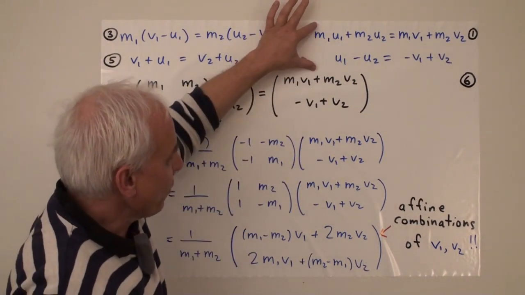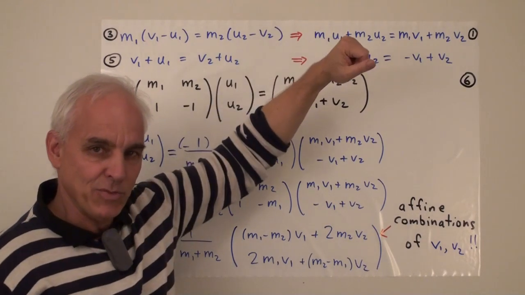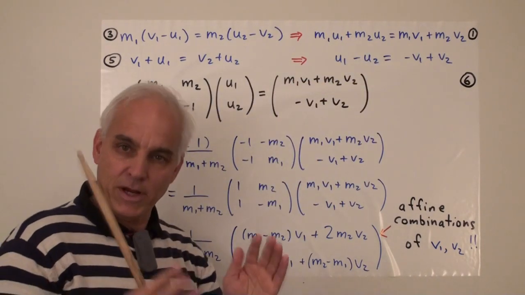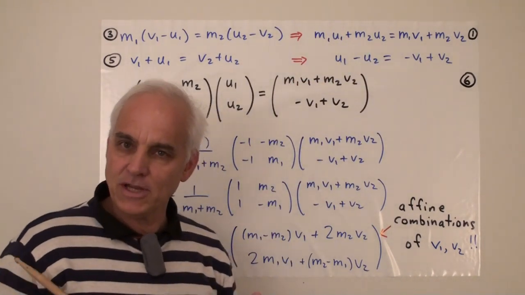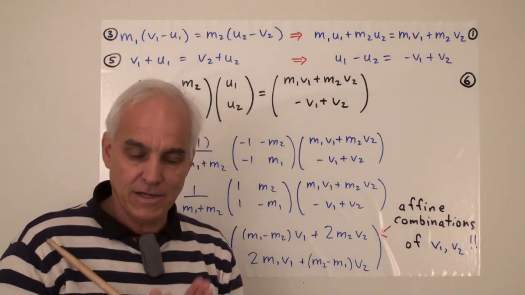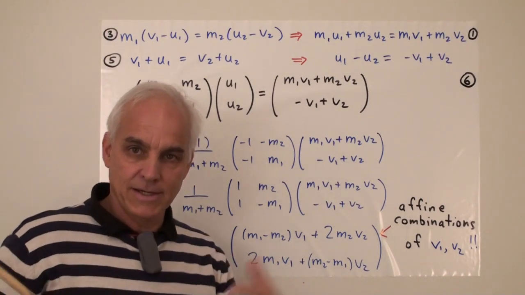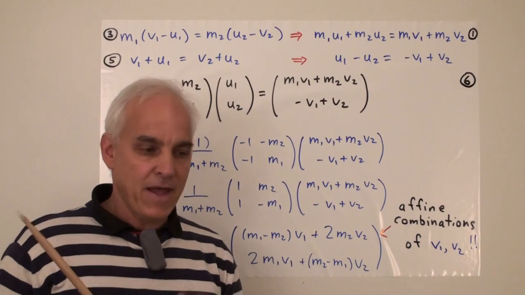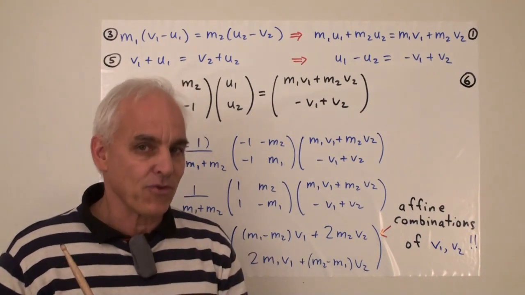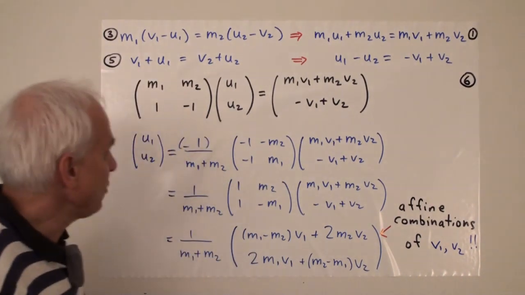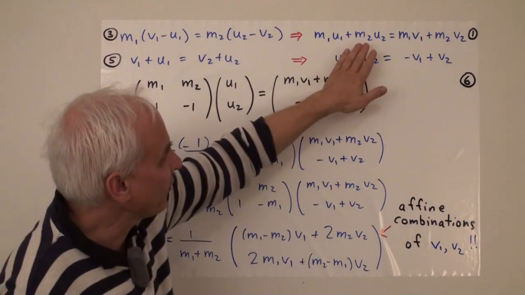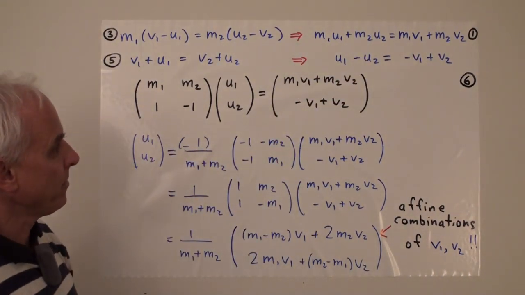Now, we could of course solve this just with high school algebra, but we've learned to organize ourselves here in linear algebra using matrices if we can, and vectors to organize systems of equations. That gives us more insight into what's going on. So let's do that. Let's rewrite this in a matrix form.